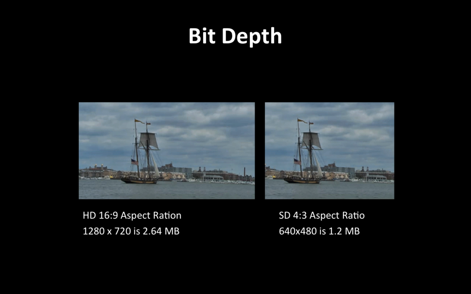It's 16 by 9, and a file size might be 2.64 megabytes. An SD image, a standard definition video image, that's a 4 by 3 aspect ratio, and it looks a little square, an example might be 640 by 480 pixels, is 1.2 megabytes.